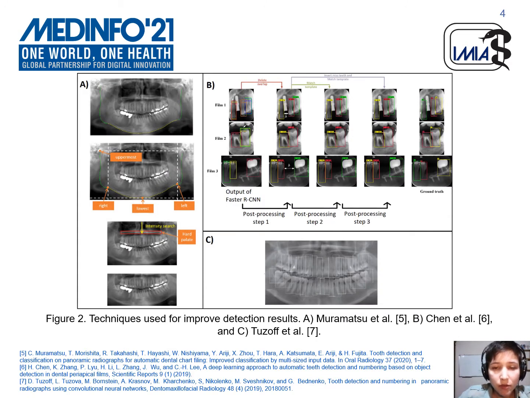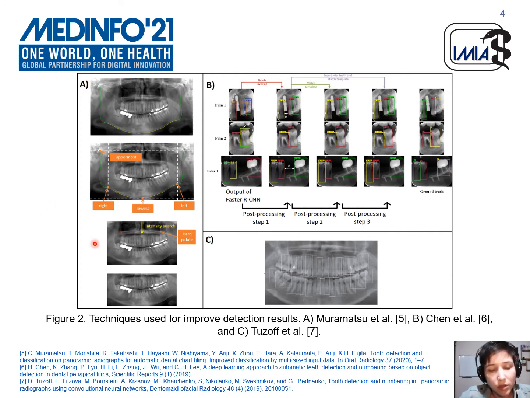But since the results achieved by a deep learning method not only depend on the configuration of the network, the architecture, but are also related to aspects like pre and post-processing, data augmentation, and hyperparameter optimization, there are works in which authors use some techniques in order to improve the results achieved by their chosen architecture.